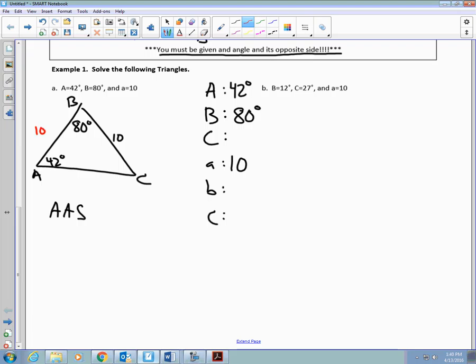Is the side between the two angles or outside the two angles? It's between the two angles, right? You have 42 and you have 80. 10 sits right between them. So that's why they put the side between the two angles. Your teacher taught you that. Your brain wasn't ready for it.